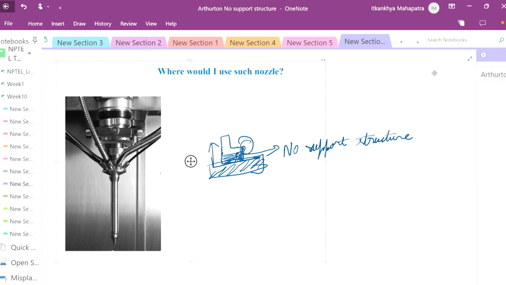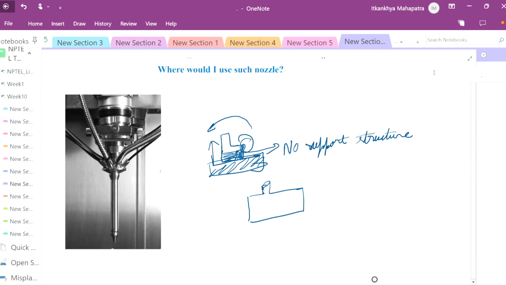So to print it easily we can rotate it. Now our component will be like this. Just rotate it. Now it is possible to deposit here. When we get to this point, we can again rotate it and deposit the remaining portion.